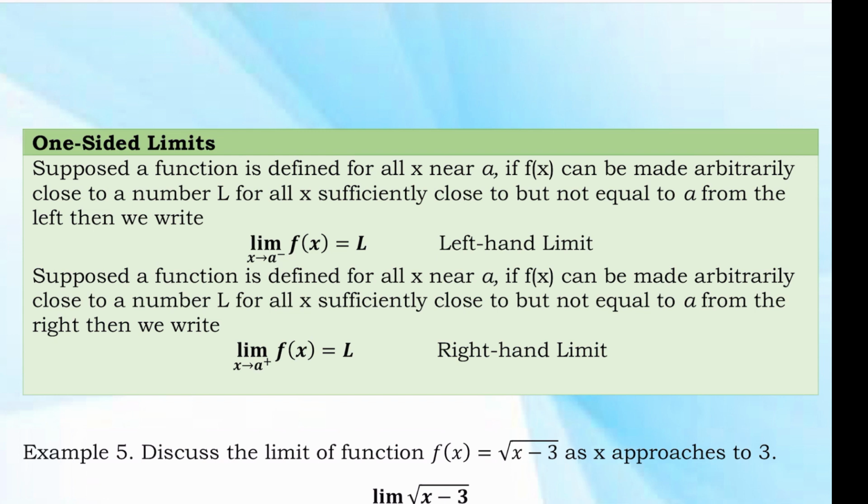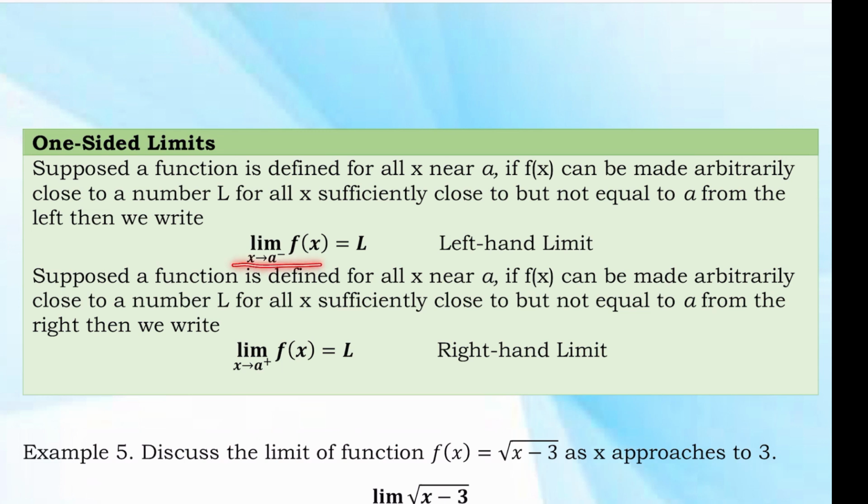Let's discuss one-sided limits. So, one-sided limit: suppose a function is defined for all x near a. If f of x can be made arbitrarily close to a number L for all x sufficiently close to but not equal to a from the left, then we write this.